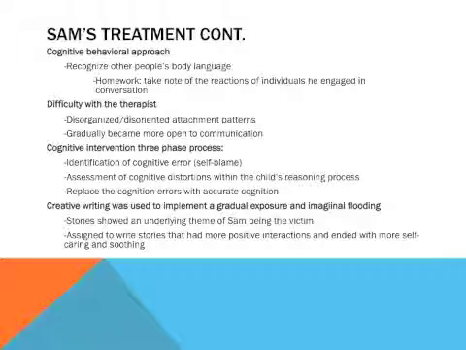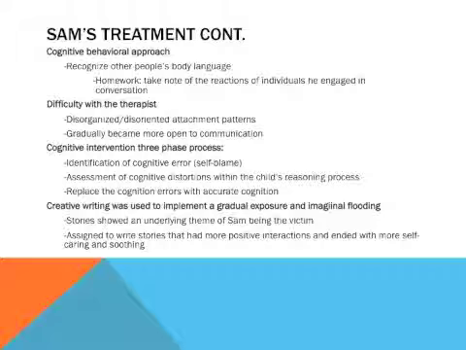And then the second phase was the assessment of cognitive distortions within the child's reasoning process, so working on why Sam is thinking the way that he is. And then finally, the third stage being to replace the cognition errors with accurate cognition, so basically taking his distorted visions and looking at them in a more practical way.